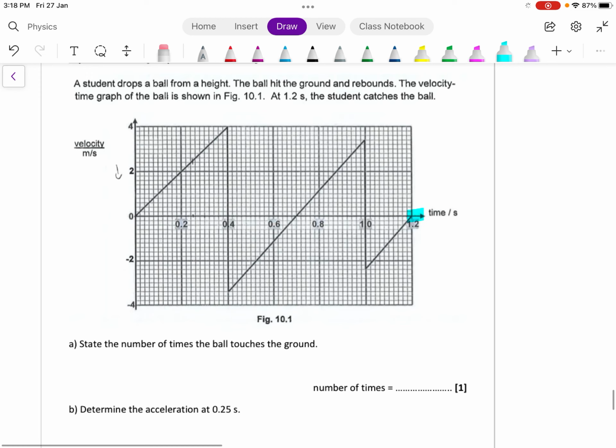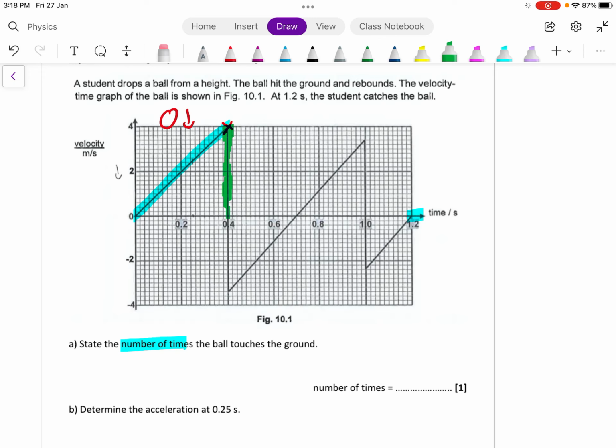So okay, part A: state the number of times the ball touches the ground. If you look at this velocity-time graph, the very first part is where the ball is dropped. At 0.4 second the ball hits the ground at roughly 4 meters per second. The speed will drastically decline until 0 meters per second, so this is where you are still in touch with the ground.